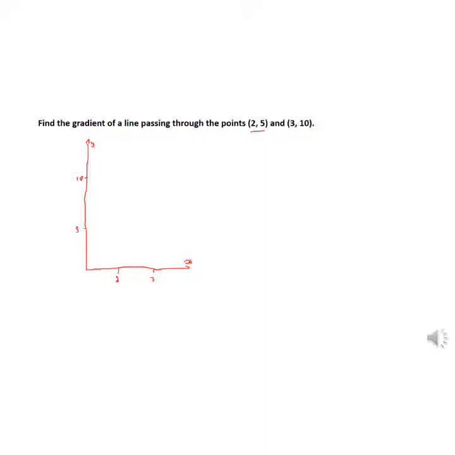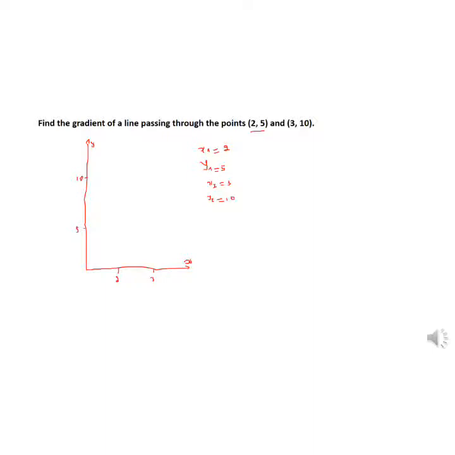The first point means that x1 is equal to 2, y1 is equal to 5, x2 is equal to 3, and y2 is equal to 10.